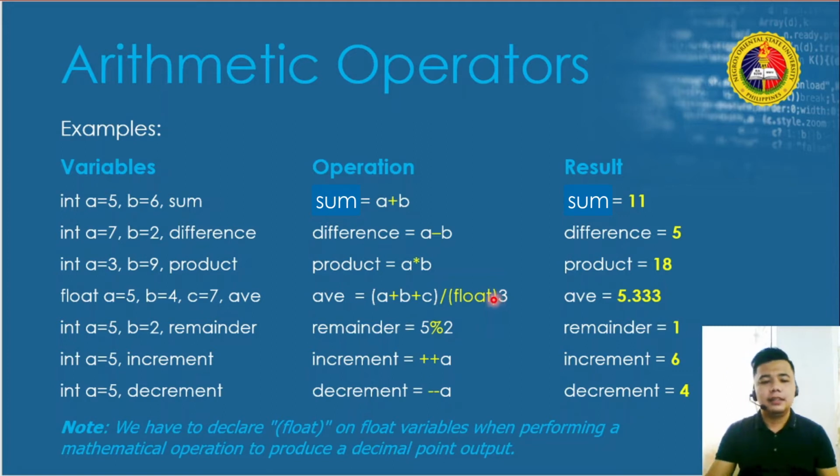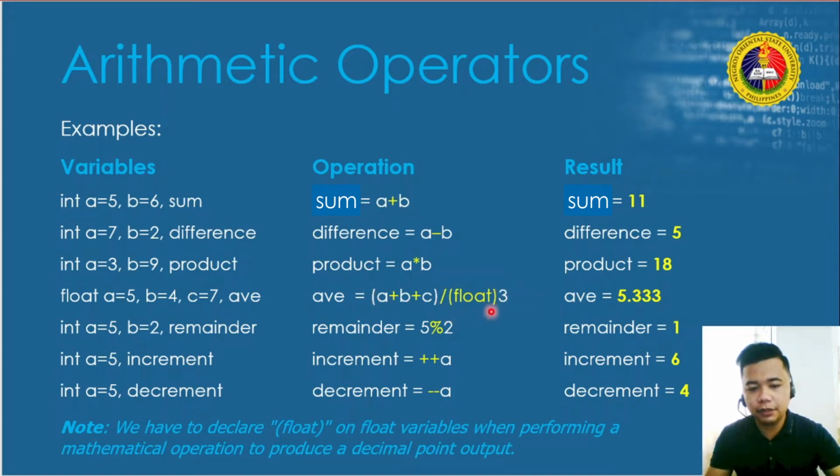Alright? Another thing is that, as you can notice, we put float before the number 3. The reason is we have to declare float values when performing mathematical operations to produce a decimal point output, because if we remove the float, the answer would only be 5. So for our program to produce a decimal point value, we have to put a float anywhere in this operation.